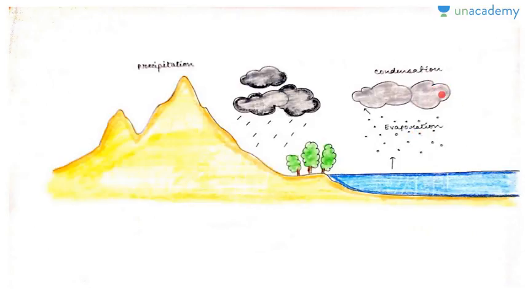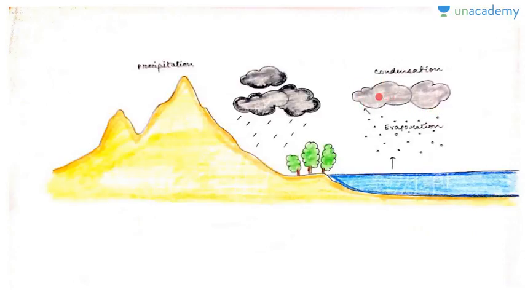Now these tiny droplets of water condense along the hygroscopic nuclei. Hygroscopic nuclei are generally the dust and salt particles. Now it is along these nuclei that these tiny droplets of water are attached, and this floating condensed water vapor is known as clouds, right?